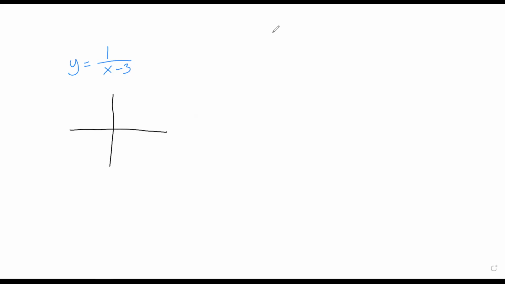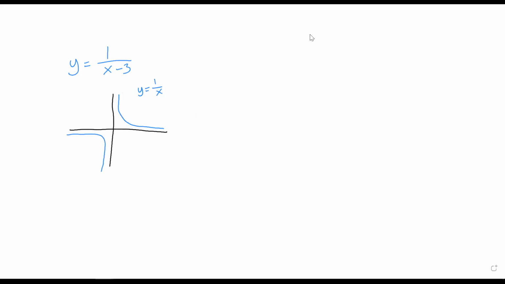So the original base function for this is y equals 1 divided by x. That looks something like this. That's a power function.